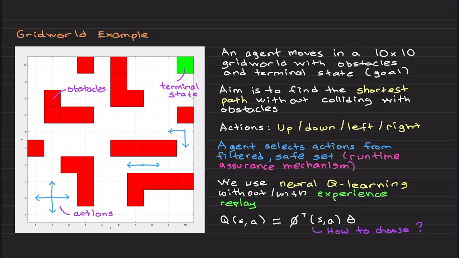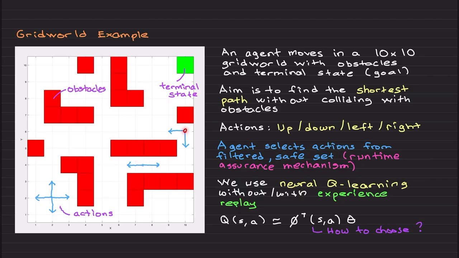And here we are running a runtime assurance mechanism, which is already included in the code as well. You are going to see. The agent selects actions from the filtered safe set. What does this mean? For example, let's say the agent is here. Then this action up is not safe because you are going to hit the obstacle.